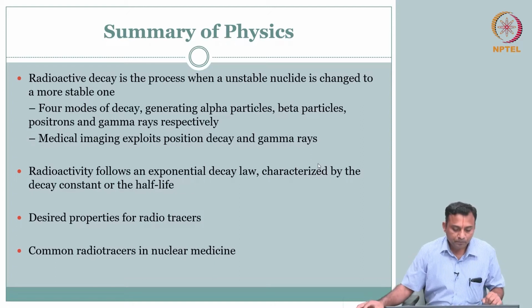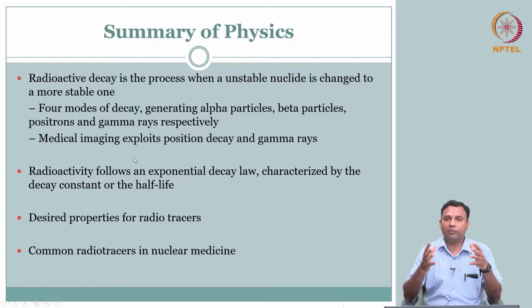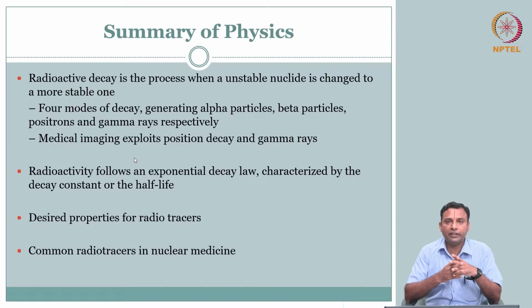So what we will do now is try to draw a parallel with how we did it for X-ray after we completed the physics of X-ray: how X-ray is generated, how it is interacting with the tissue of interest. Then we quickly talked about different modalities.